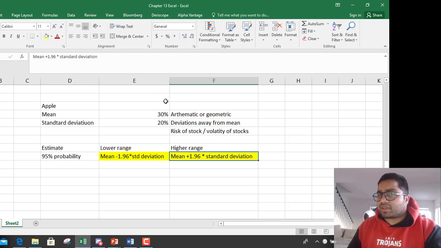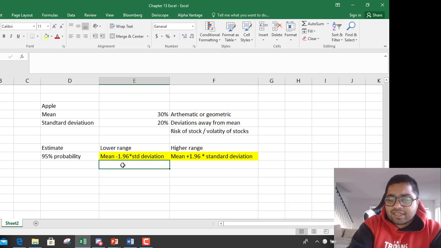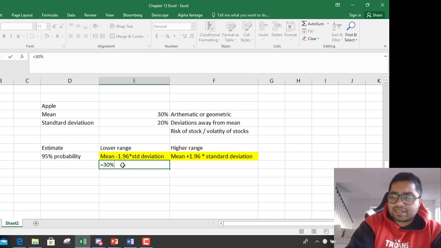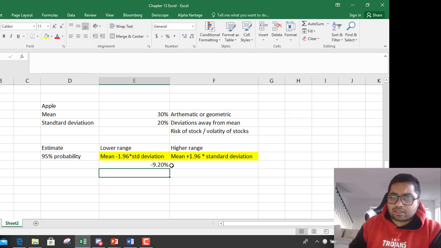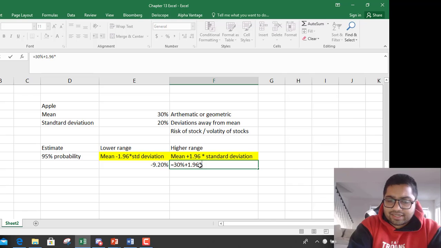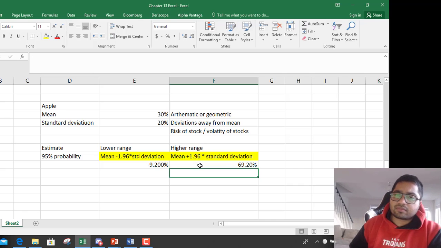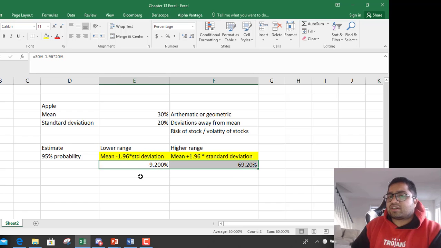In this case, we are looking at percentage returns. With 95% certainty, you can say that Apple's returns would lie in the range of 30% mean minus 1.96 times the standard deviation of 20%, so minus 9.2%, and 30% mean plus 1.96 times 20%, so 69.2%. So in any given year, Apple's return will range from minus 9% to 69%.